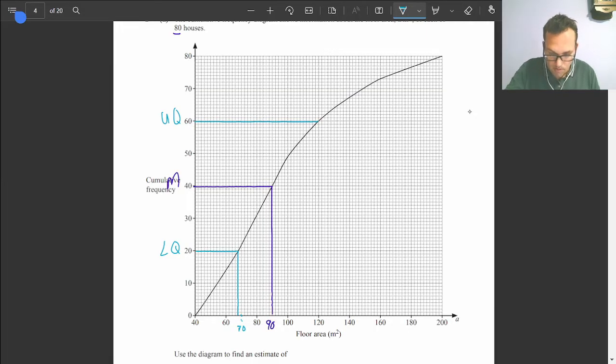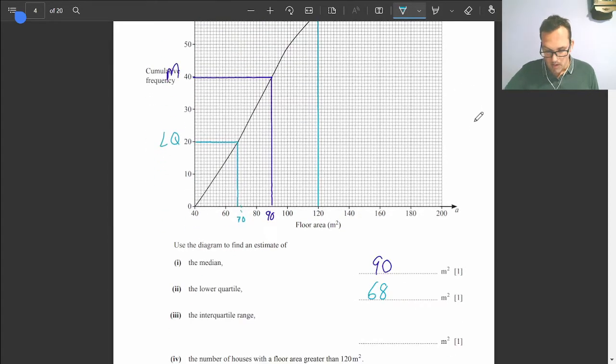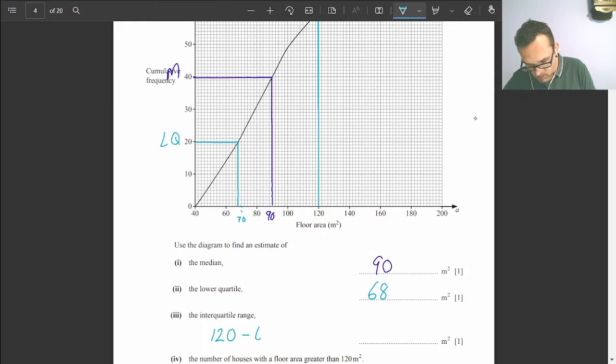Go across. Go down, and bam, straight on. 120. Now that's the upper quartile, of course. 120. The lower quartile was 68. So the interquartile range, we subtract the one from the other, and we get 52.